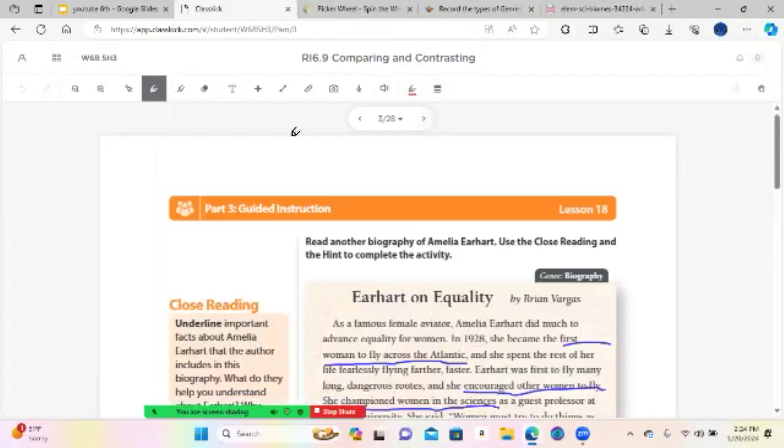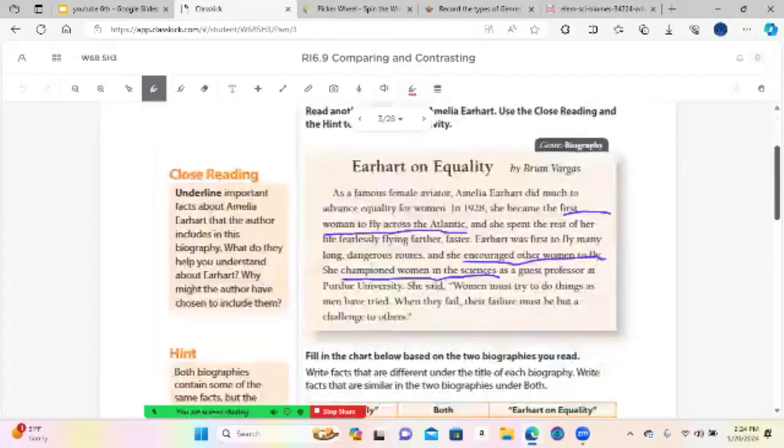Let's see if that one was mentioned here. Right, so this one didn't mention the first airplane ride. It just said she was the first woman to fly. All right.